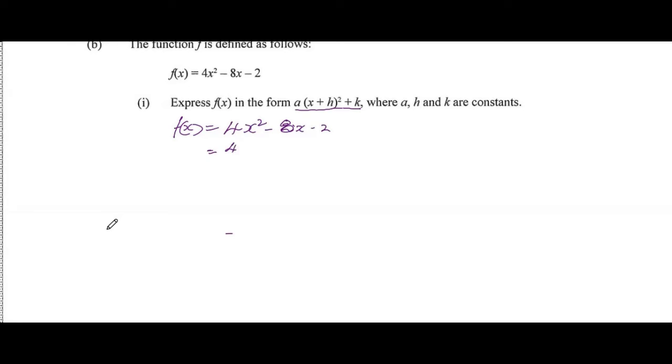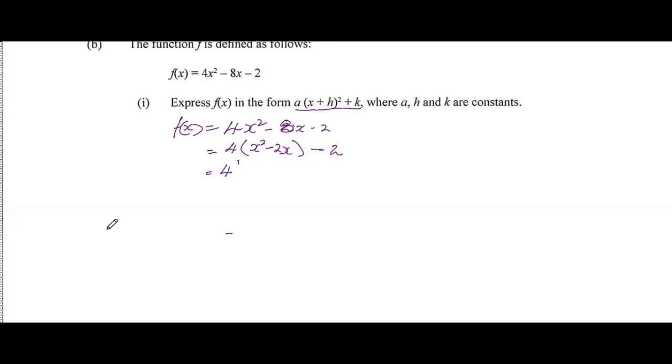So it is 4 into x squared minus 2x, and we have negative 2 there. So what we do next is to make this expression in this bracket here a perfect square.